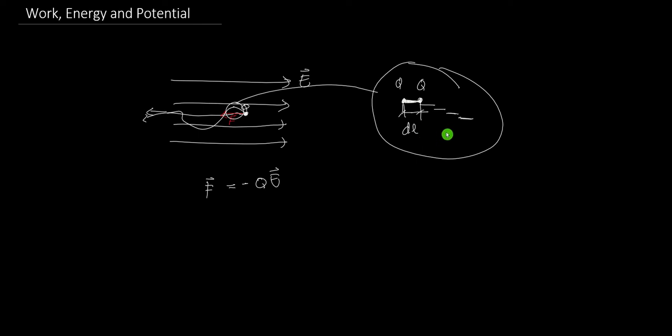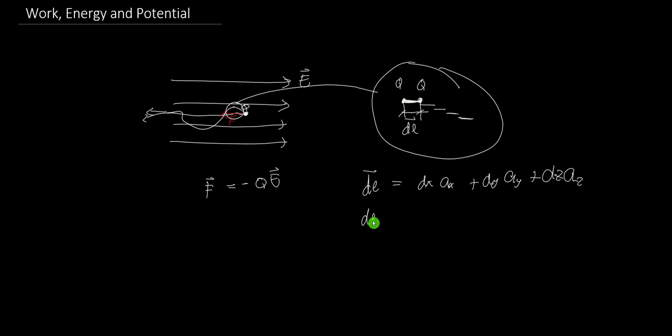And we'll also make this one a vector, dL as a vector, and we did that in the previous chapters. We already know what dL is in Cartesian, cylindrical or spherical. In Cartesian, dL is equal to dx in the x direction, plus dy in the y direction, plus dz in the z direction.